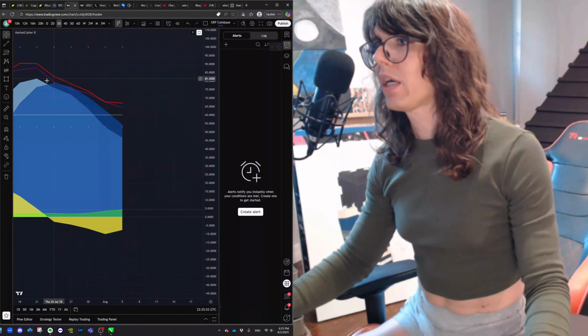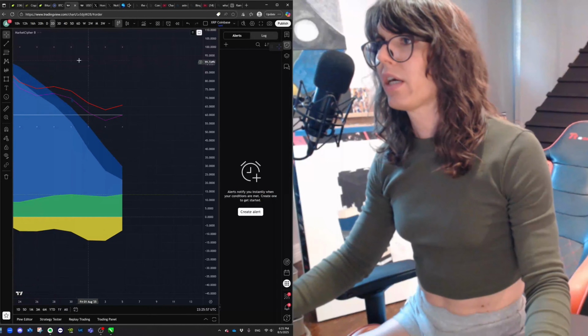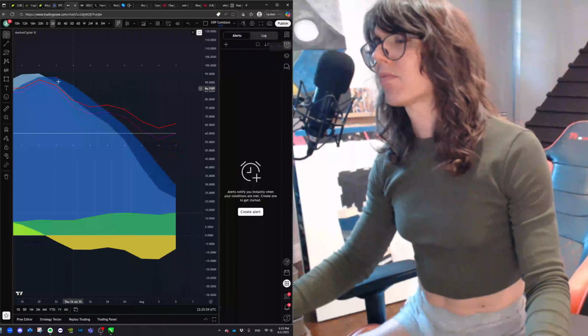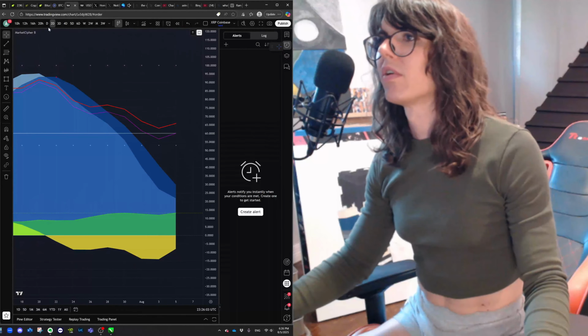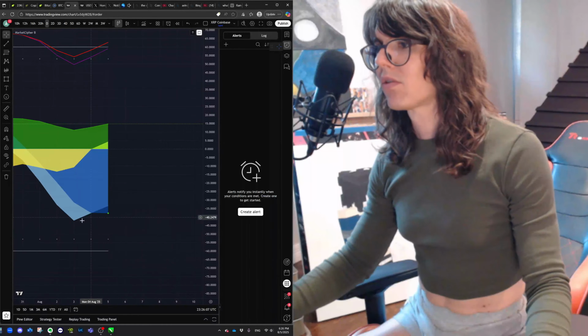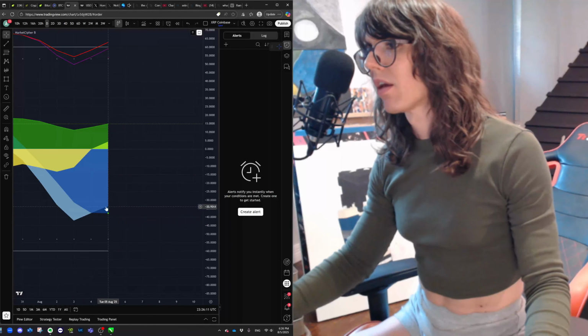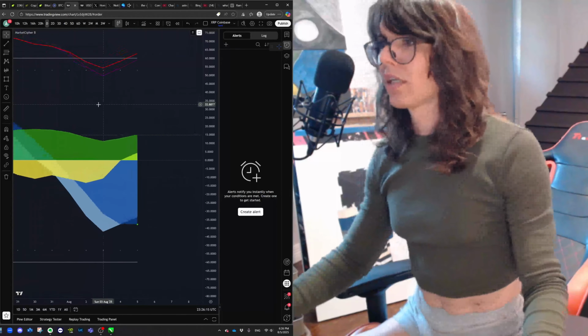On the 3-day, it's coming back up, went back down, coming back up. 2-day, coming down, back up, down, up, down, up. On the daily, we finally got this crossover on the daily, getting a green dot.